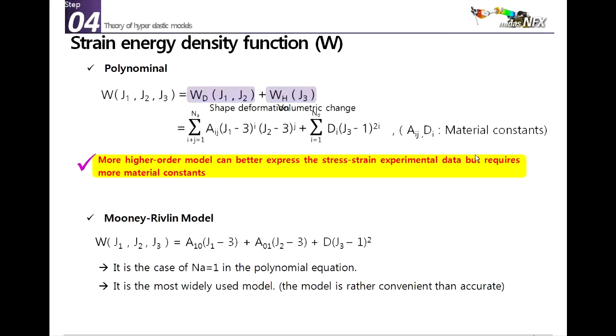So the strain energy density function W can be expressed in a different way in function of the model you are using. So if you are using a polynomial model, it can be written like that as a combination of polynomials.